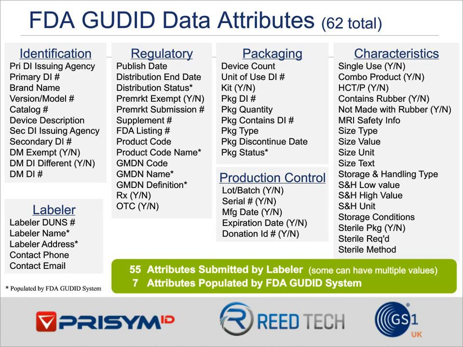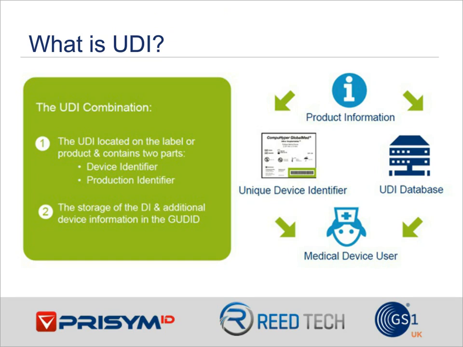So what is UDI? The majority of you know what this is already, so I'm only going to give you a brief overview. The UDI contains two parts: the DI and the PI, which you'll see on a label in a few minutes.